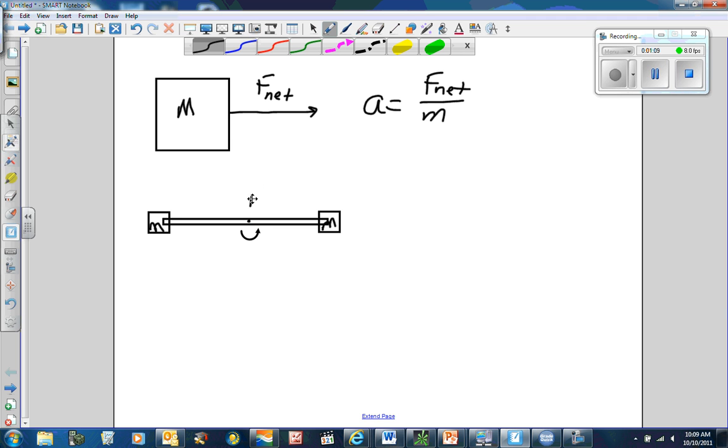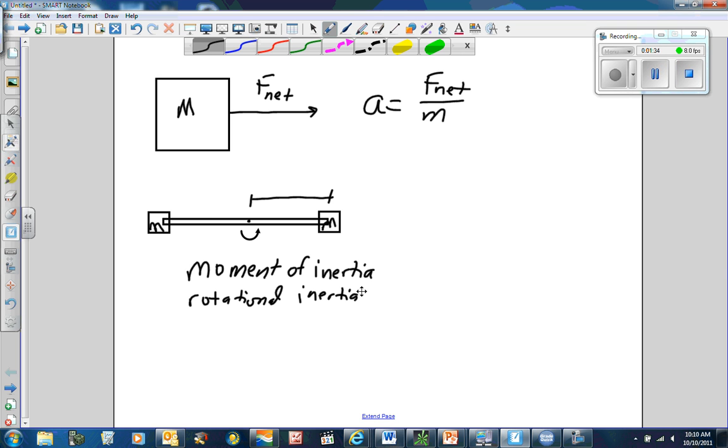If it's a meter stick, the distance from the pivot point to the mass is really important, because moment of inertia, I'm going to write that down here, also called rotational inertia or angular inertia, is related to the distribution of the mass.